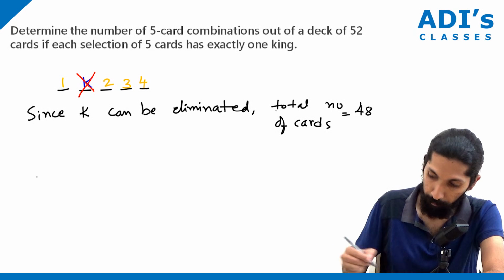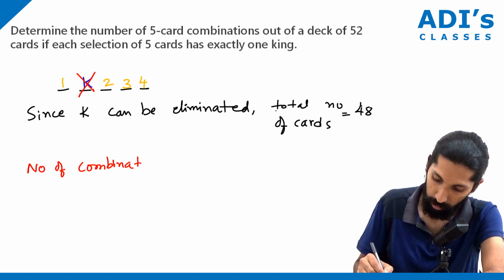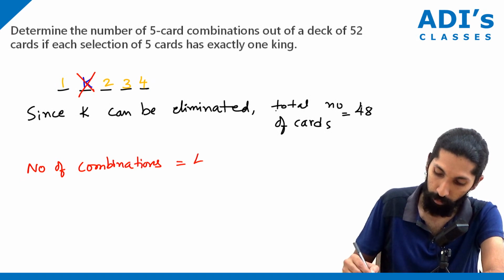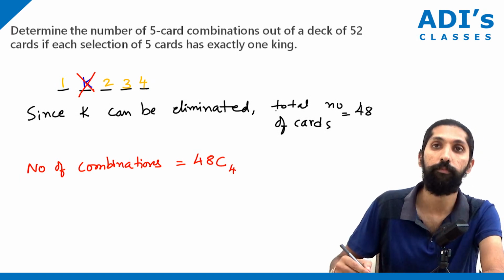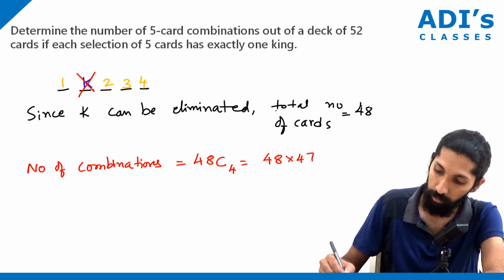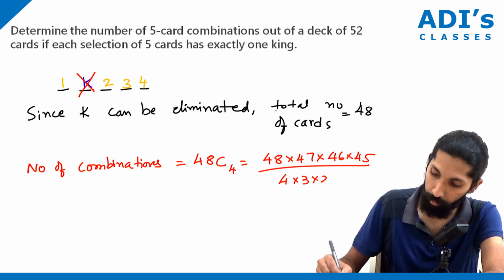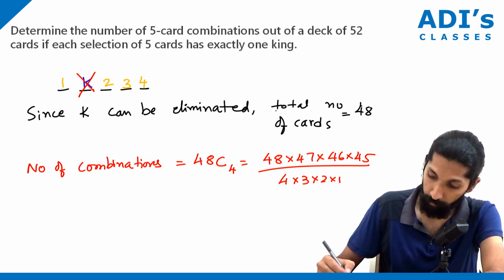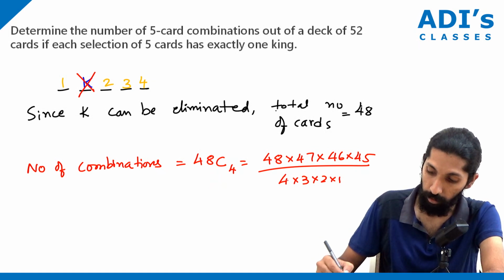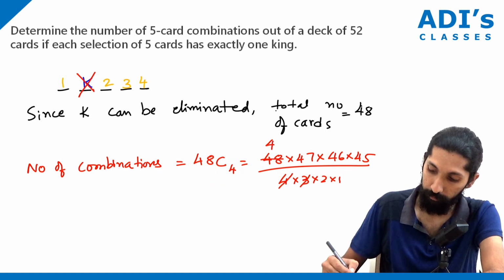So we can say the number of combinations is going to be 48C4, which if you expand 48 into 47 into 46 into 45 divided by 4 into 3 into 2 into 1, which we can further simplify. That is, see, 4 into 3 is 12, 12 into 4 is 48.